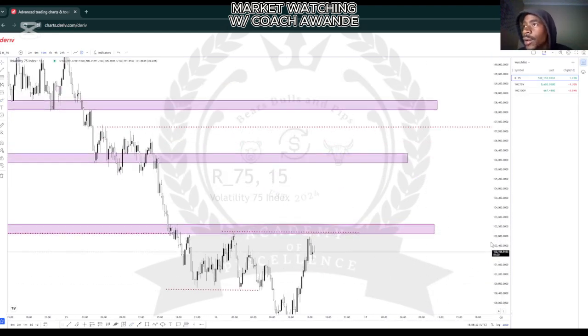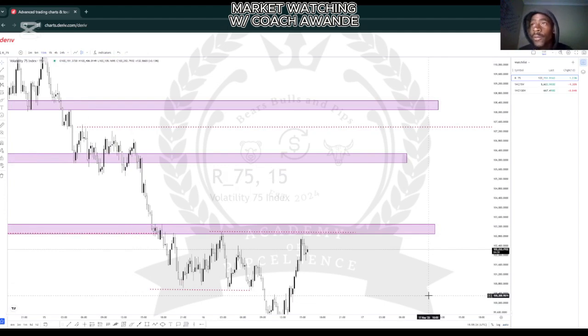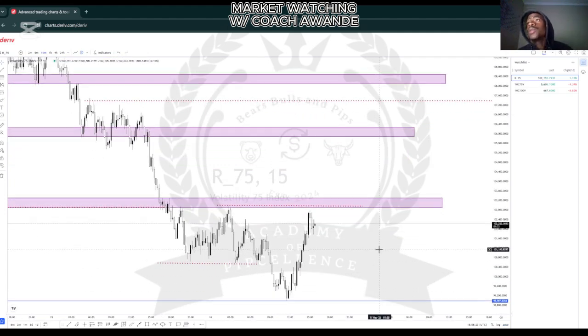I know we haven't analyzed the market deeply enough, but for me, there's enough confluences pointing to this potentially being a very nice area to sell from, because we have the potential of seeing price possibly come back and then come back down.